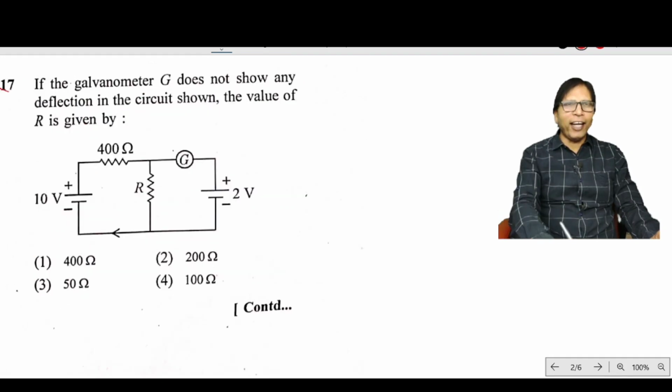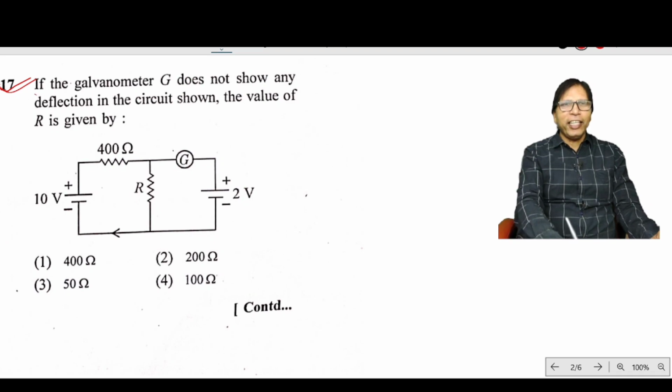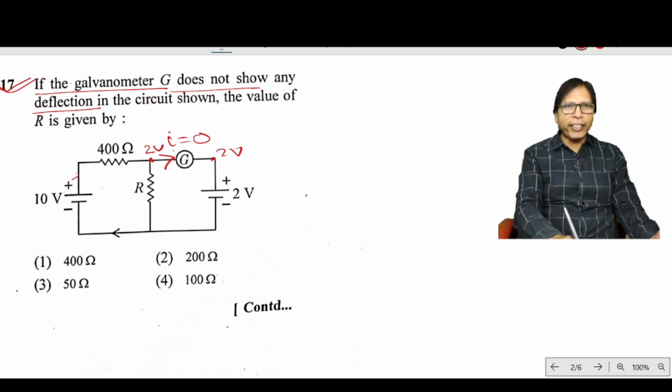Now look at question number 7. If the galvanometer G does not show any deflection, that is, the current through this galvanometer equals 0, look at the voltage at this end. This is the 2 volt. So the voltage at this point must be 2 volt. So the current in this branch is such that the voltage at this point becomes 2 volt.